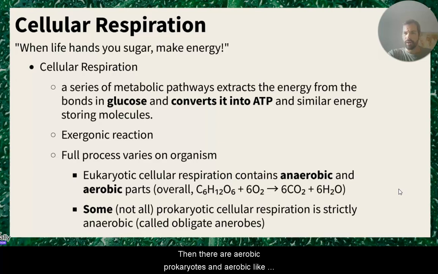Then there are aerobic prokaryotes and other eukaryotes that aren't animals, obviously plants. They all do aerobic respiration, cellular respiration, fungi, protists. All of them do some form of aerobic respiration, but we still have those anaerobic parts as well. But anyway, some of these prokaryotes are strictly anaerobic.